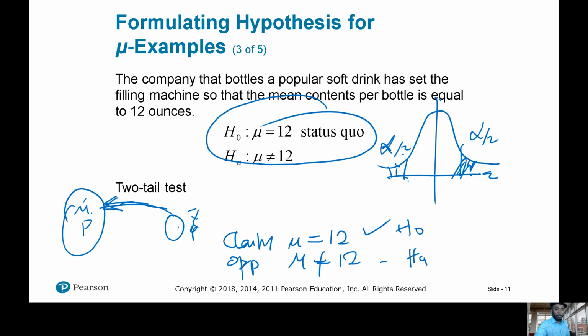We want to be able to estimate the population parameter from our sample. So this is our sample, take for example, and this is our population. This is really the big picture of what we are doing in statistical inference.